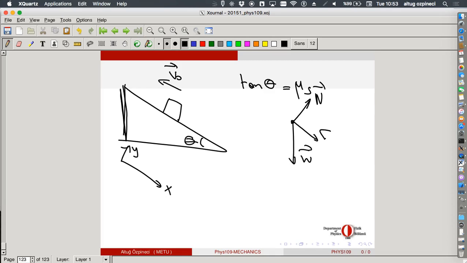So this is the friction force. So the net force will be pointing downward because the friction force is pointing downhill. The component of the weight parallel to the incline is also pointing downhill, so they will not cancel each other, and there will be an acceleration. So it will be accelerating downhill.